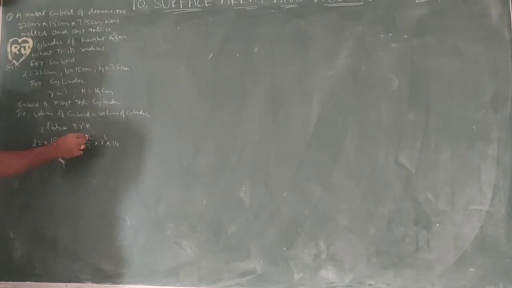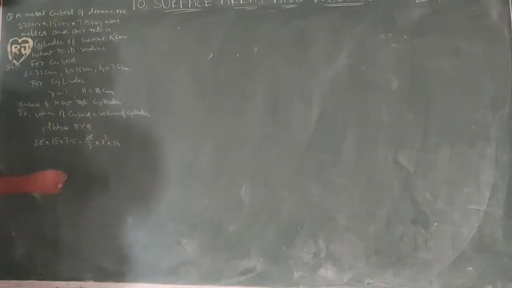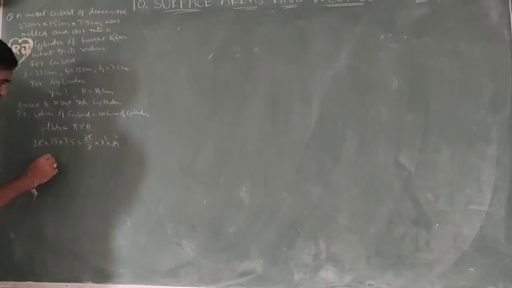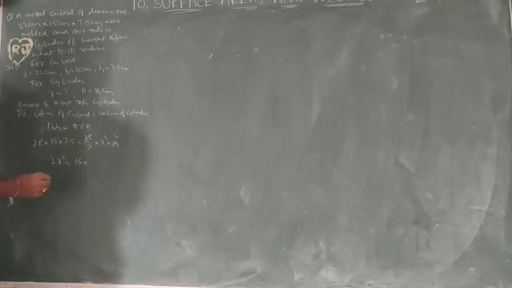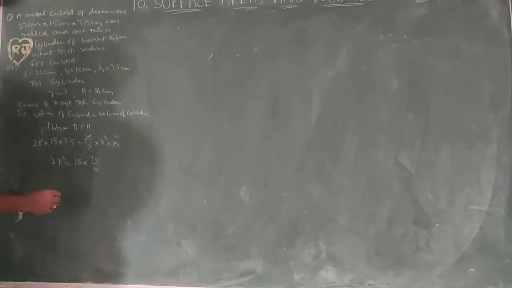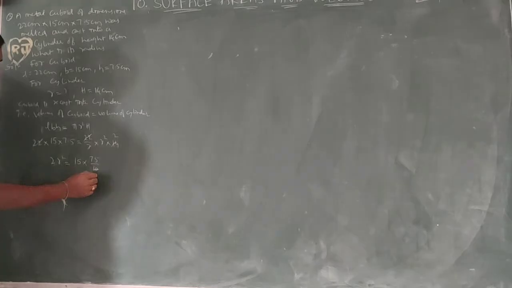So both sides of 22 cancel. 7 into 1, 7 into 2. So now 2 r square equal to 15 into 7.5, 75 by 10. 5 into 1, 5 into 3, 5 into 2.